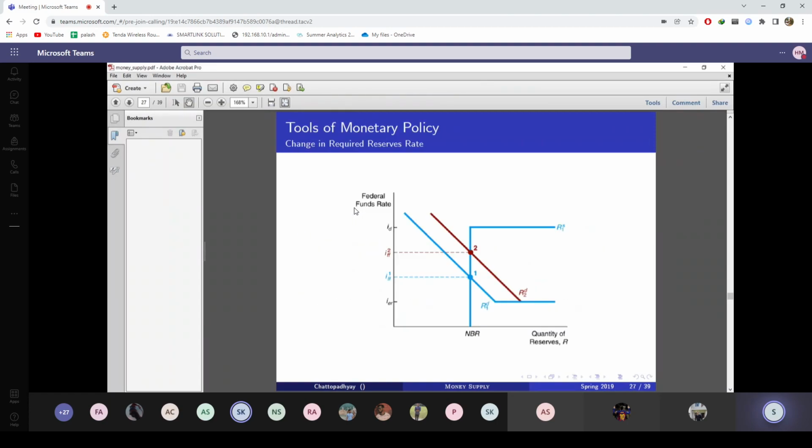And this graph gives me the same thing. My required reserves rise, the reserves demand curve goes up, but ultimately the reserve stock, NBR, non-borrowed reserves, does not change here, so high powered money does not change. But money supply is going down only through the reduction of the money multiplier.